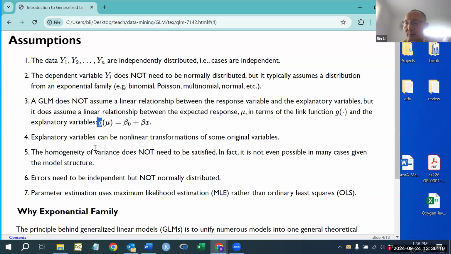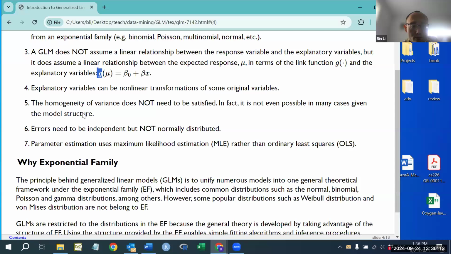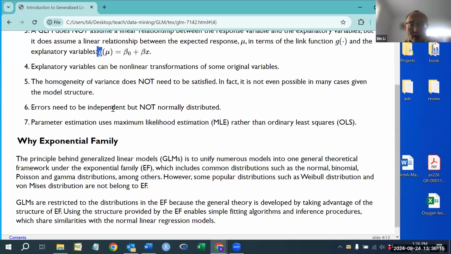If it holds, there's a problem. The errors need to be independent of each other, but they may not be normally distributed. And the parameter estimation in GLM is not through the least squares approach, but through the maximum likelihood approach. So we maximize the likelihood function.